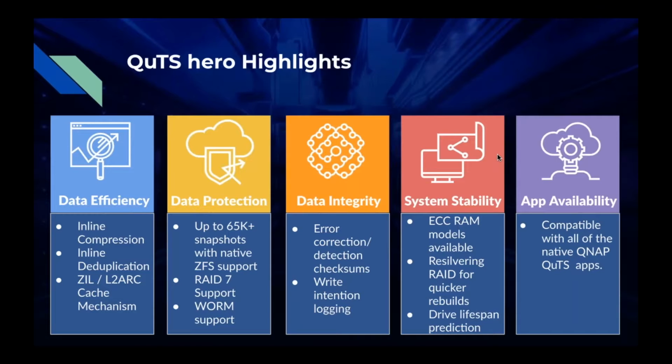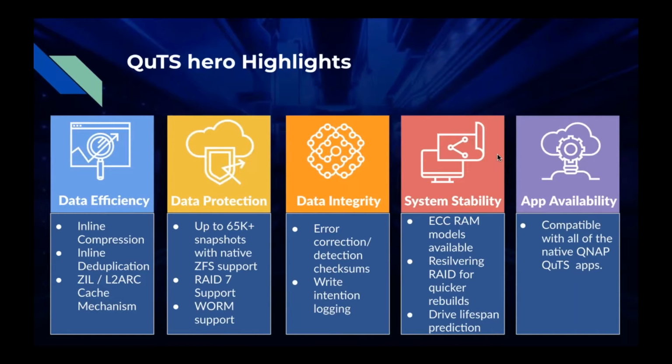To protect your data, we have the ZFS snapshot. The ext4 that runs on the standard QTS doesn't natively support snapshots, but we actually created our own snapshot for the standard QTS. But that snapshot maxes out at 1,024 snapshots.